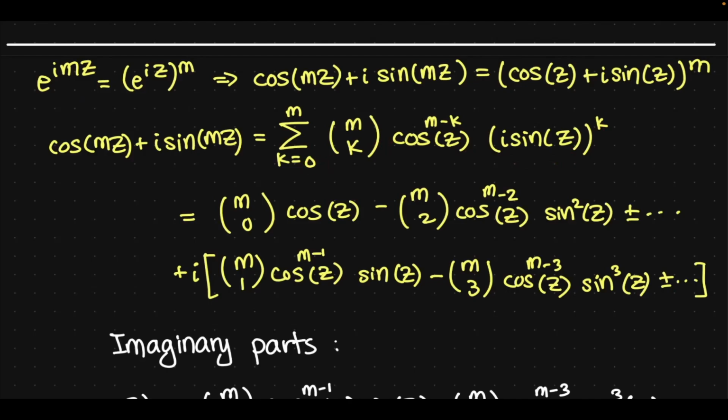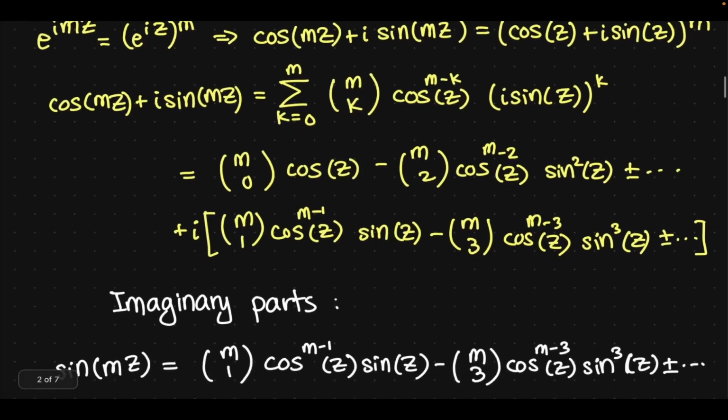When k is 0, we have cosine to the m, and then sine has power 0. And then as we increase, we're going to have coefficients that are not equal to just plain 1. And we're going to increase until we reach the very end m, where the cosine term vanishes and the i sine z term has full power, has power m.